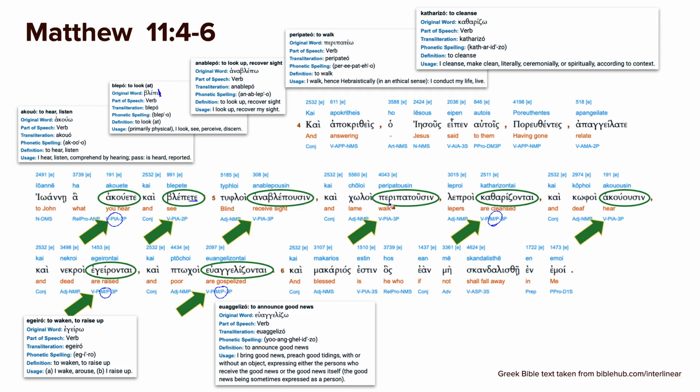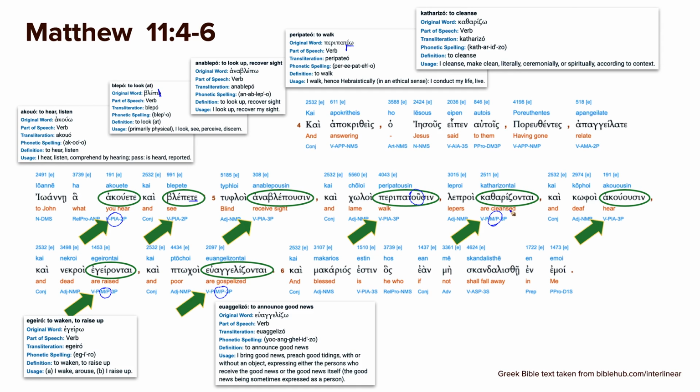The lame walk, this comes from peripateo. This is what's called a contract verb because you have this epsilon before the omega. Instead of saying peripato, it's peripateo. And that's why we have this lengthened vowel here. So instead of usin, it's ousin. All right, peripatusin.